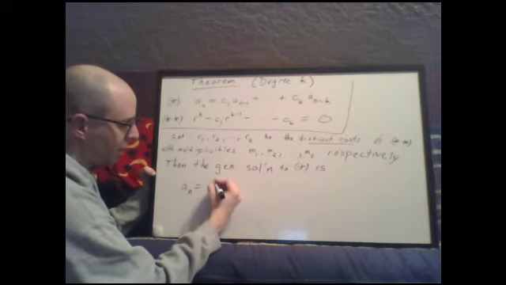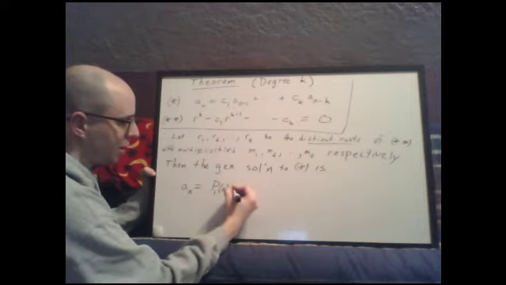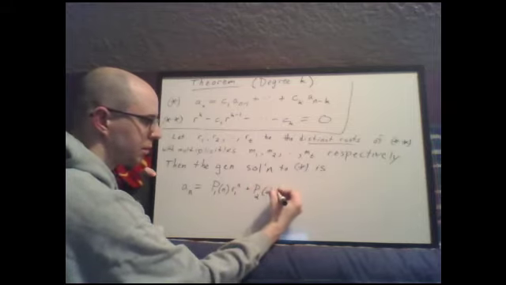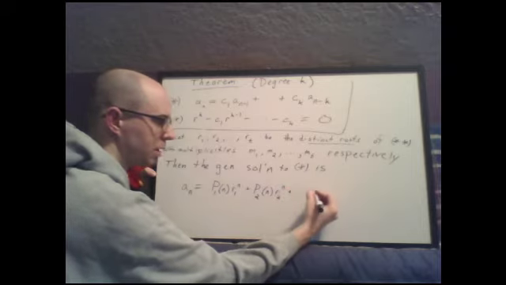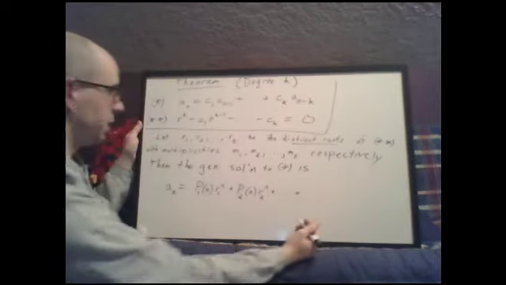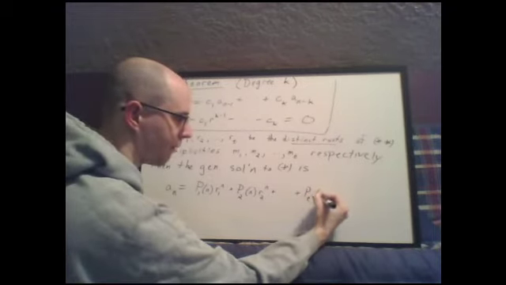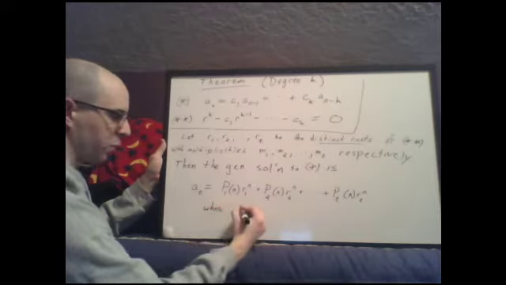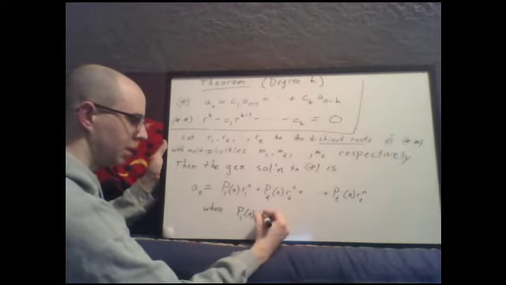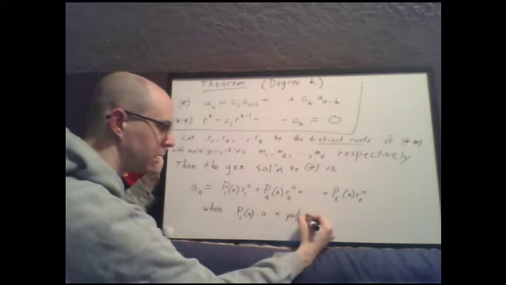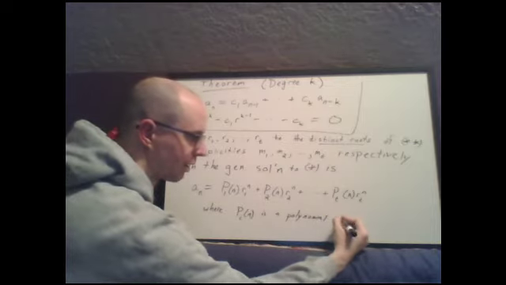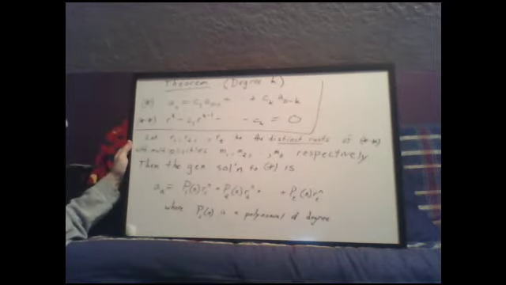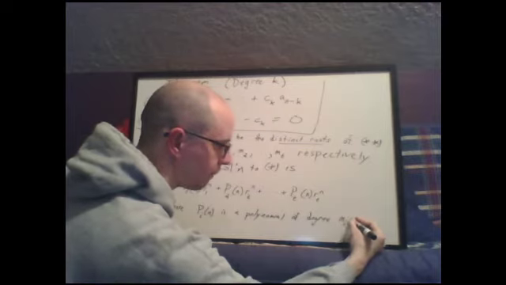So I'm going to write it like this: P1 of n times r1 to the n plus P2 of n times r2 to the n, etc. until we get to P sub t of n times rt to the n, where each Pi of n is a polynomial in the variable n of degree m sub i minus 1.